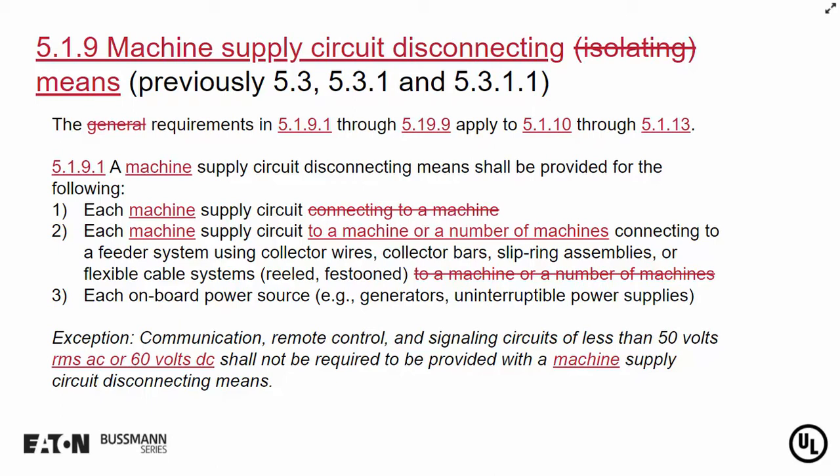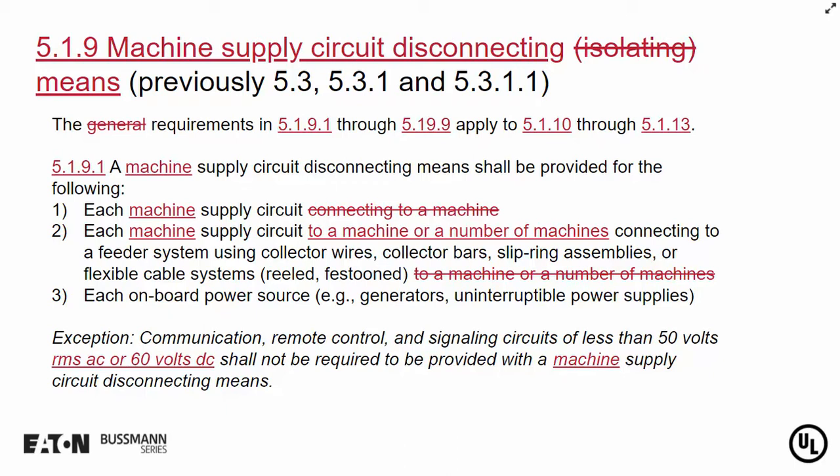5.1.9.1 states the machine supply circuit disconnecting means shall be provided for the following. Number 1, each machine supply circuit. So certainly a machine could have more than one supply, especially if there's a need for different control voltages, different from the voltage of the supply for the power circuits in the machine.